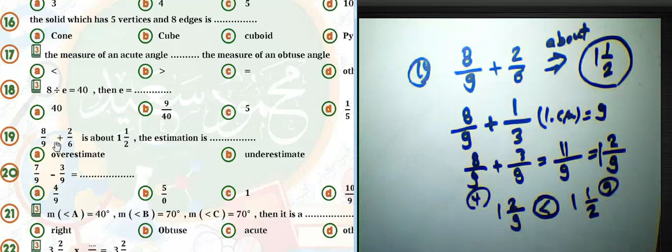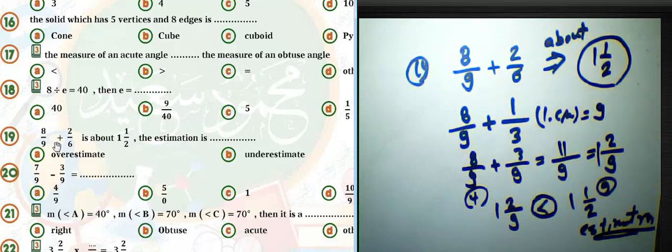So 4 is less than 9. So this estimation will be an overestimate. Choose letter A for question 19. It's an overestimate.